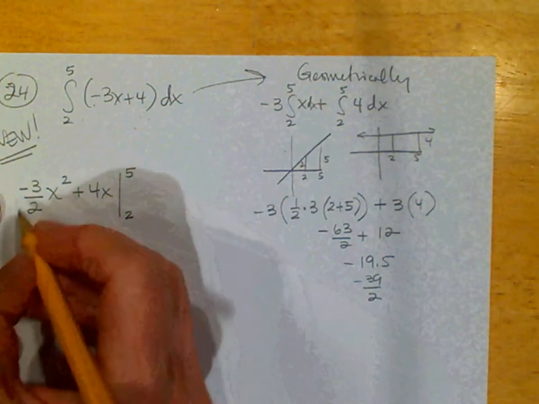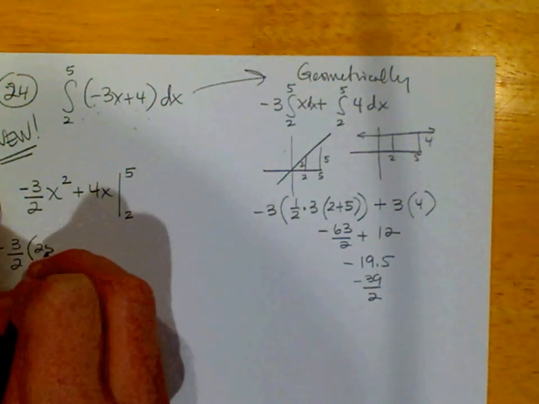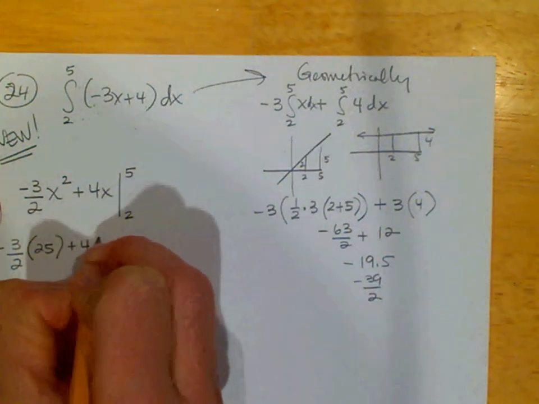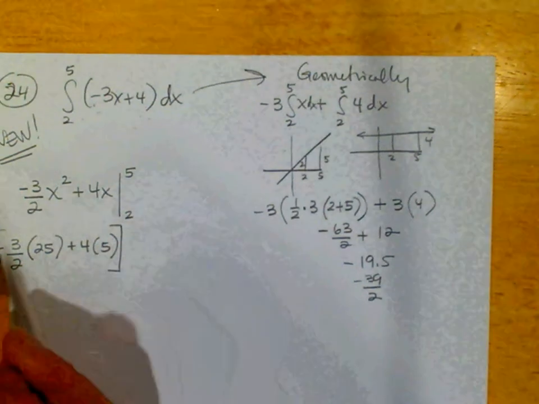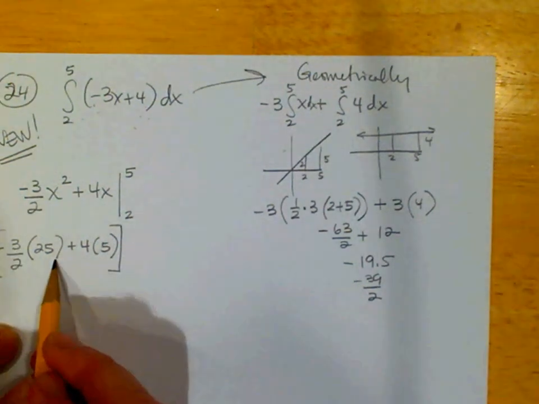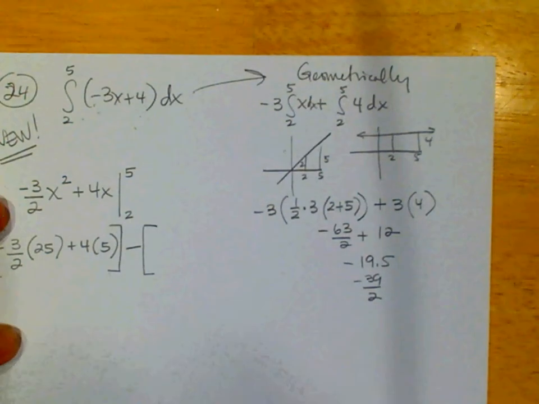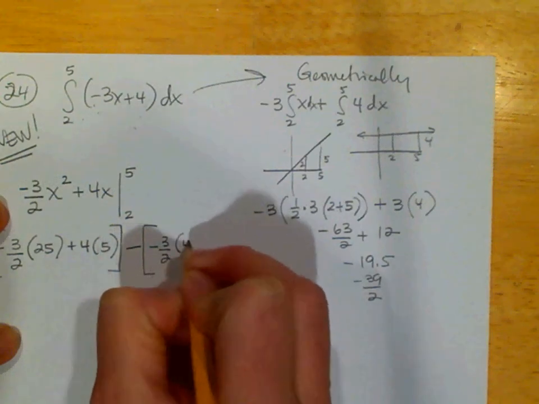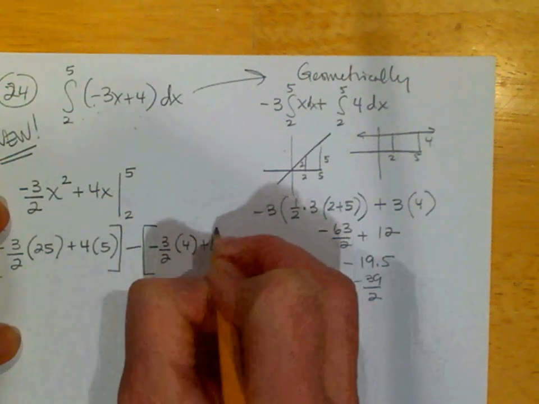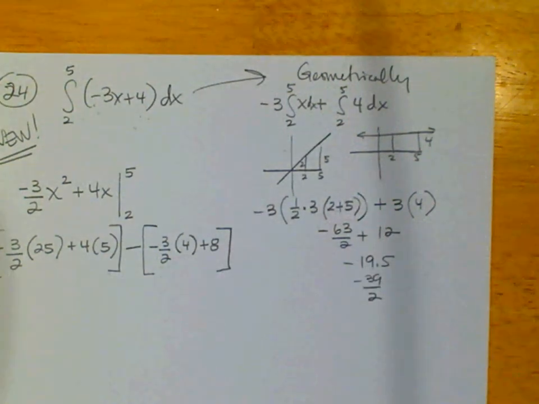Now I'm going to substitute in a 5, and I'm going to get that quantity. So I have negative 3/2 times 25 plus 4 times 5. And I'm going to subtract whatever I get when I substitute in a 2. Yes, this will be non-calculator, but I'm going to cheat a little bit just to make sure I got the right answer.